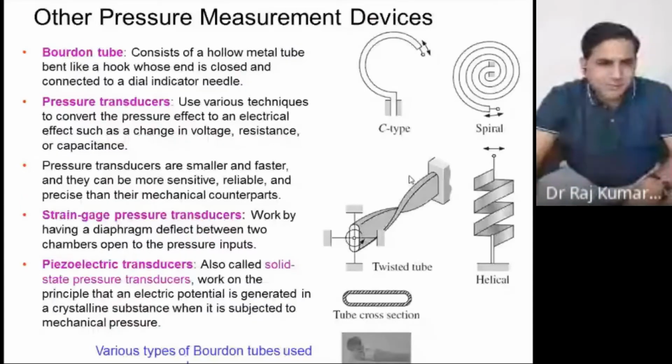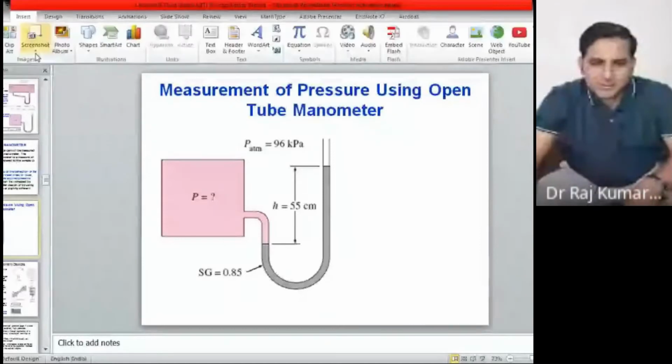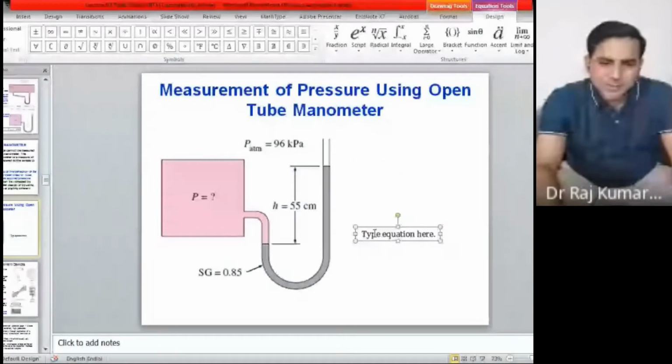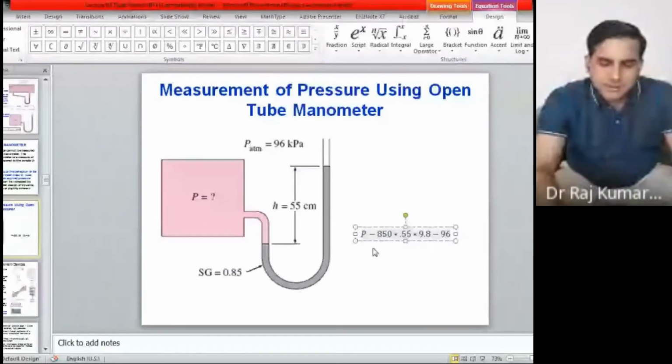That must be, because if I write this equation here, it will be P minus 850 density multiplied by 0.55 multiplied by 9.8 and minus 96 multiplied by 1000 equal to 0.